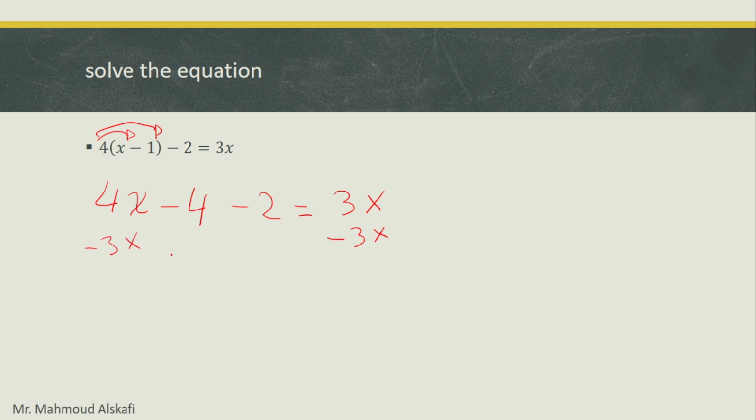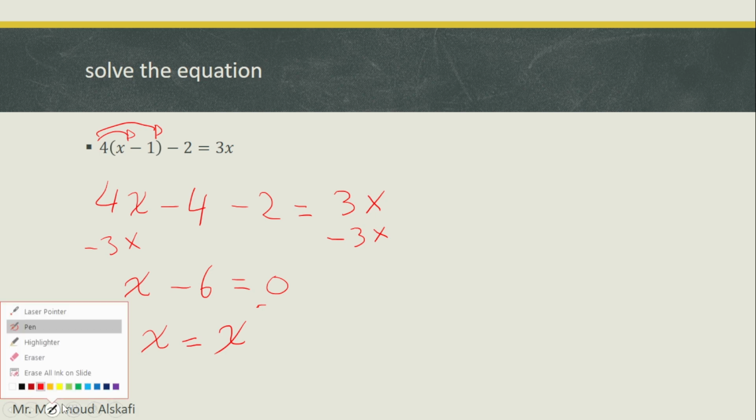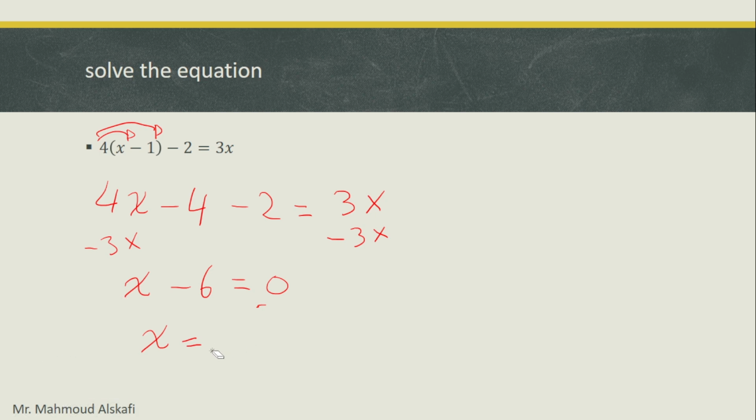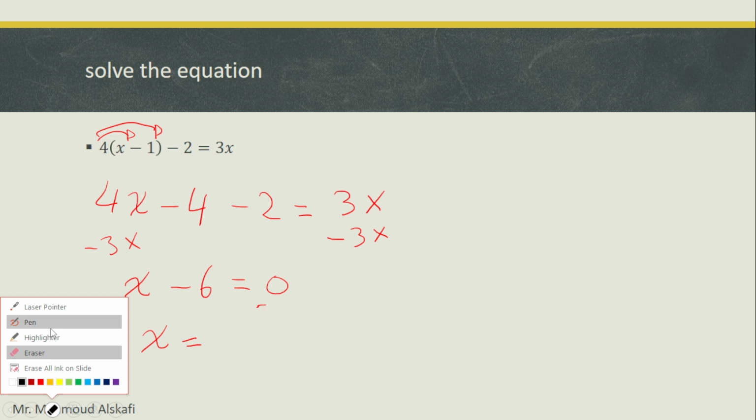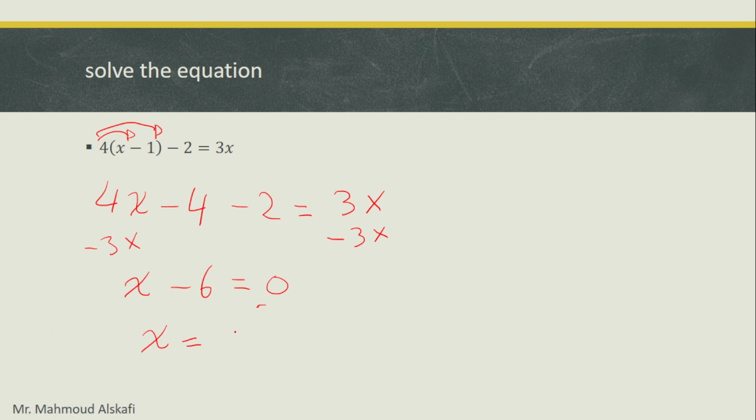So in this case, 4x minus 3x is equal to x, and minus 4 minus 2 gives me minus 6. Minus 6 equals 0. So in this case, x equals 6. Okay.